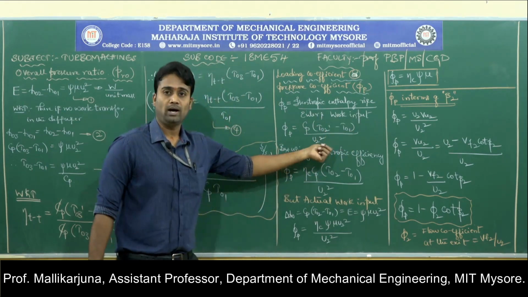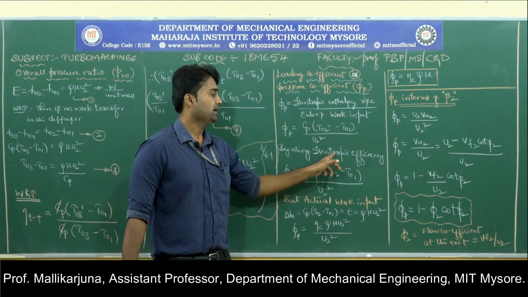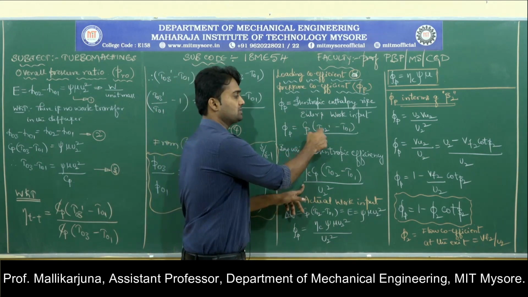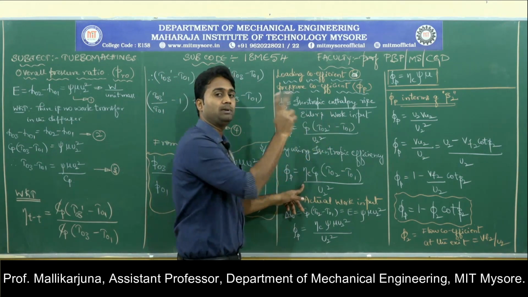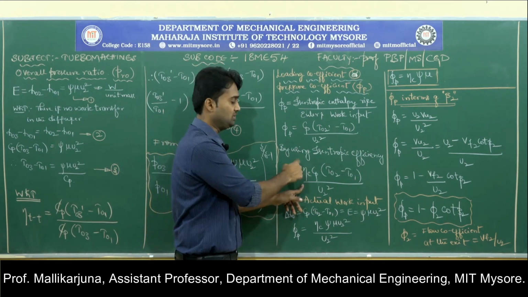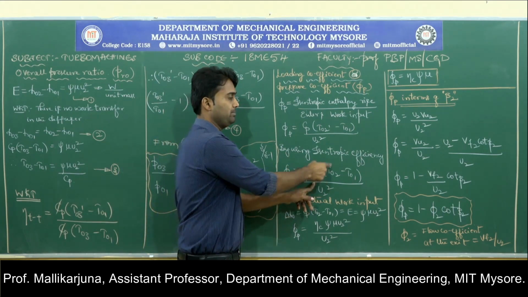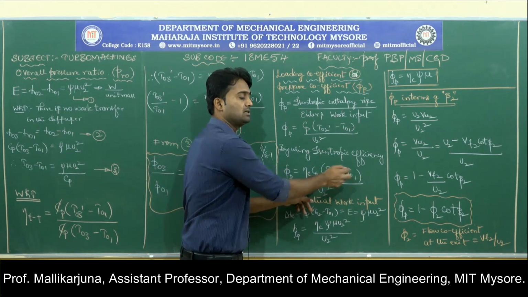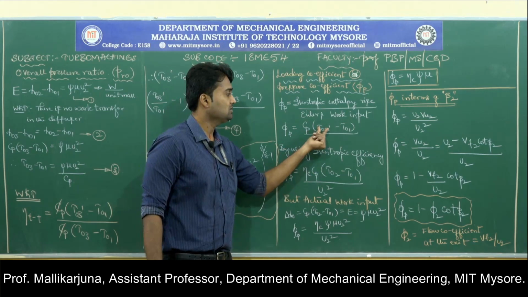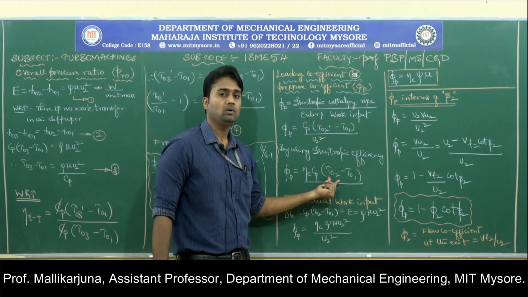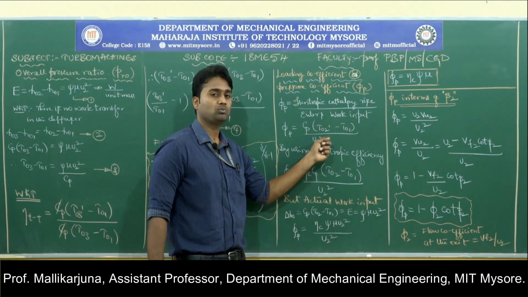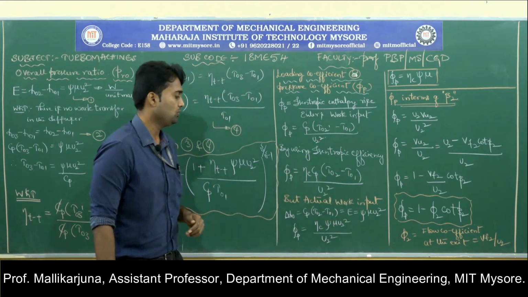Now, by using the isentropic efficiency definition, this isentropic temperature can be converted into ordinary temperature by including the compressor efficiency, that is eta C times Cp times T02 minus T01. If I include the compressor efficiency, then the isentropic temperature gets converted into ordinary temperature, divided by the same Euler's work input, U2 square.